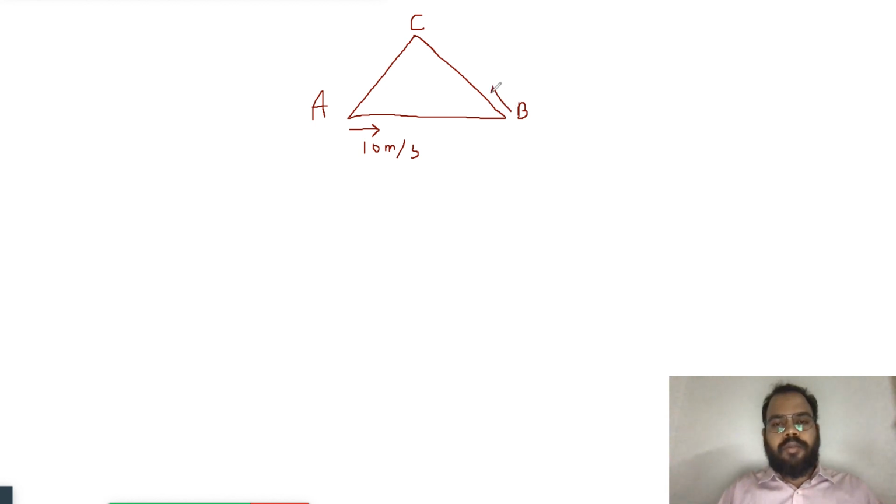Then I moved from point B to point C with velocity 20 meter per second. Later, I moved from point C again to point A with velocity 30 meter per second. Now there is one more piece of information given to you. Triangle ABC is an equilateral triangle and the length of the sides is 60 meters. That means each side is 60 meters.